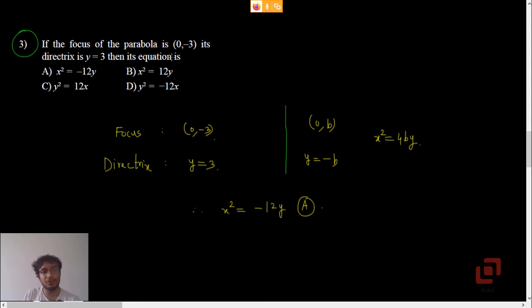If the focus of the parabola is (0, -3), so now this focus is on the negative y-axis, and its directrix is y equal to 3, a horizontal line passing through the point (0, 3), then its equation is, again you should know how to construct the equation of the parabola from the focus-directrix property.